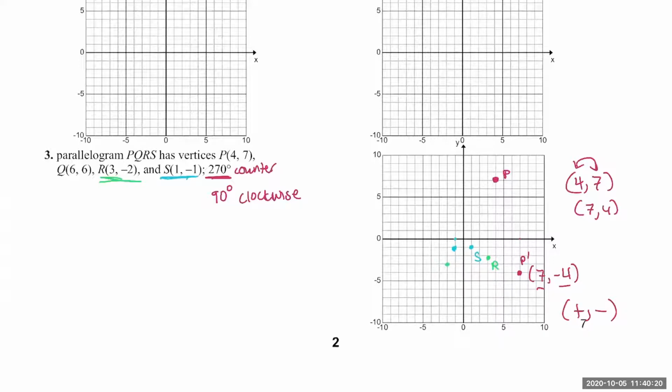And type it into the chat. What do you guys think that coordinate point is when you finish it? Ava, that's correct. Okay, and pay mind to the fact that you guys are in the third quadrant where X is negative and Y is negative as well.